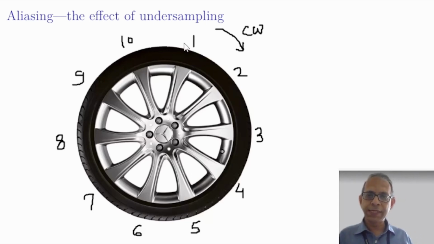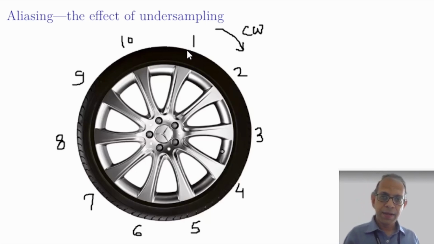Suppose we fix our eyes here where 1 is written, and it is moving at a speed such that after 1 we observe 10, and then we observe 9, and then we observe 8, and so on. And because of that sampling done by our eyes, this wheel appears to be rotating correctly in the clockwise direction.